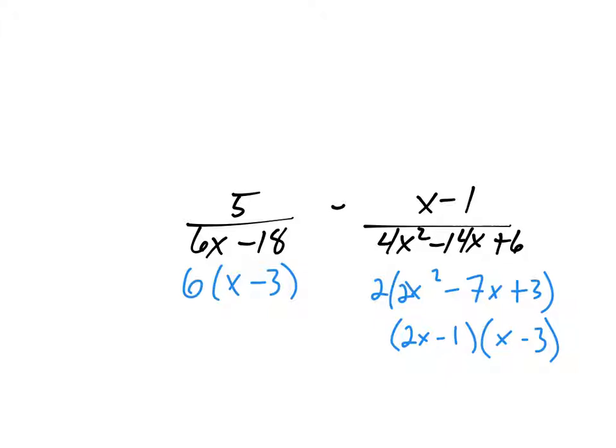So if I had put the 3 here, I'm pointing at this, you're going to be able to see that later on, right? If you had put the 3 over here and the 1 over here, then you would have taken the 2 times 1 and gotten negative 2x. You would have taken negative 3 times x and gotten negative 3x. And when you add those together, you would get negative 5x, which is not what's here, right?